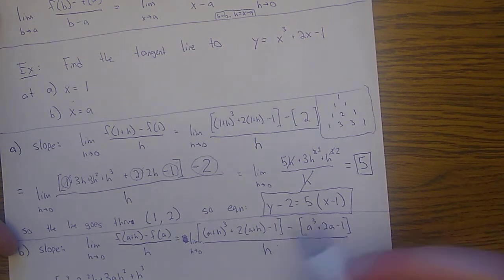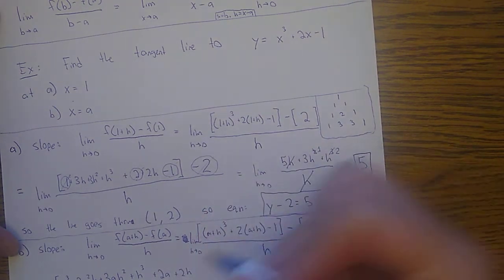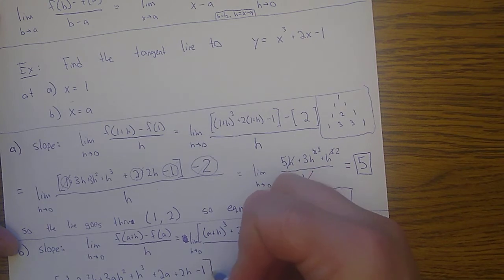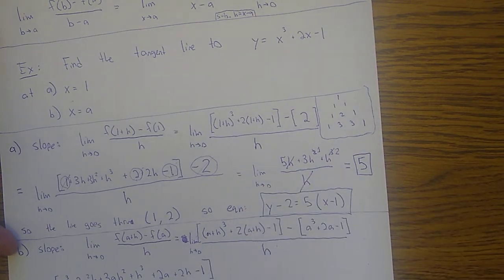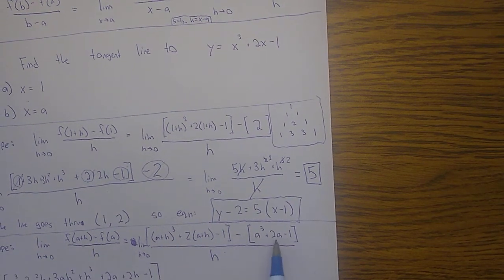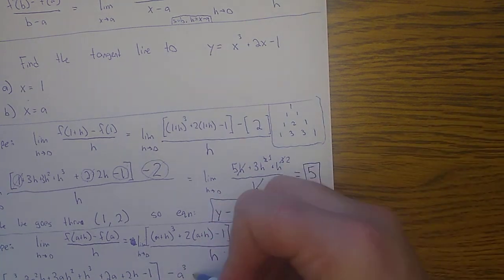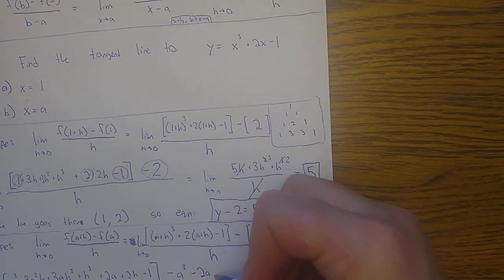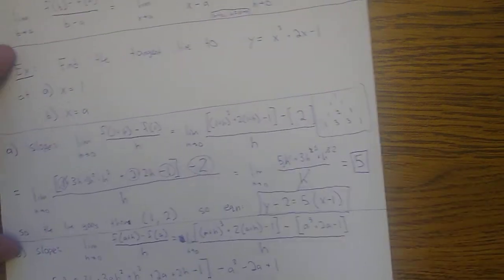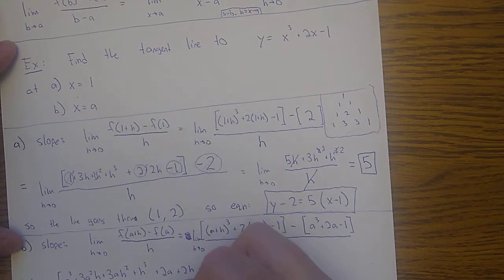Now I have plus 2a plus 2h minus 1. And now I have this stuff. Let me go ahead and distribute the negative sign here. So minus a cubed minus 2a plus 1 all over h.